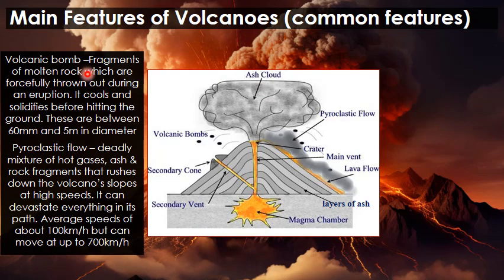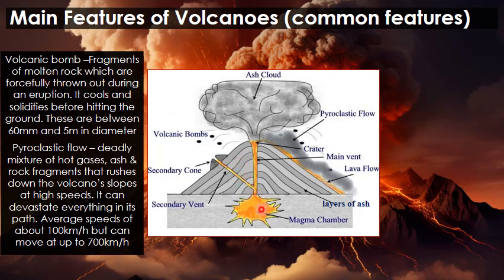Then let's look at the volcanic bombs. These are the volcanic bombs that we're looking at here. I know it's small here, but it's very huge. These black things, the volcanic bombs, can be meters in diameter. These are fragments of molten rock which are forcefully thrown out during an eruption.